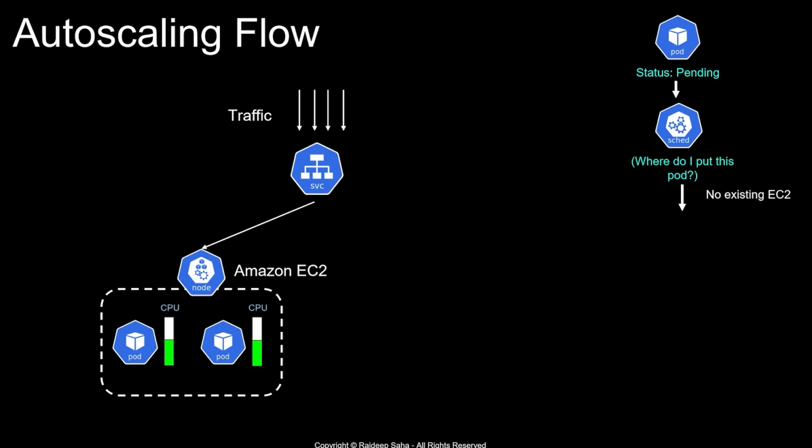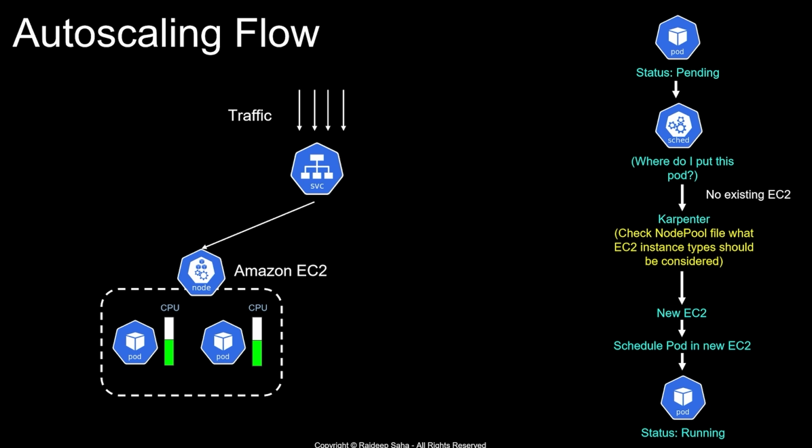So where does this NodePool file fall in the autoscaling flow? If we go back to the previous scenario, a pod is pending and kube-scheduler is looking to see where it can put this pod. There is no existing EC2 capacity available, and the scheduler marks this pending pod as unschedulable. At this point, that's where Karpenter comes into play. Anytime there is a pending unschedulable pod, Karpenter needs to provision an EC2 instance.